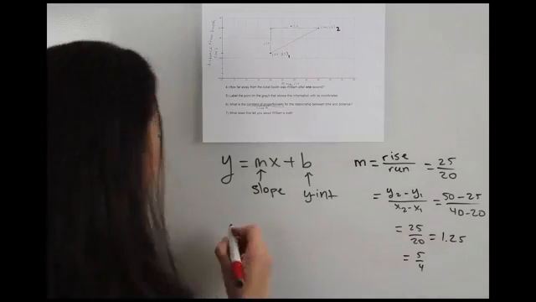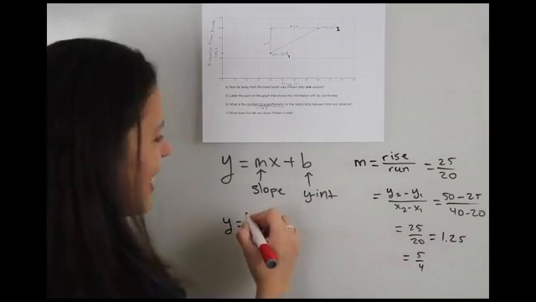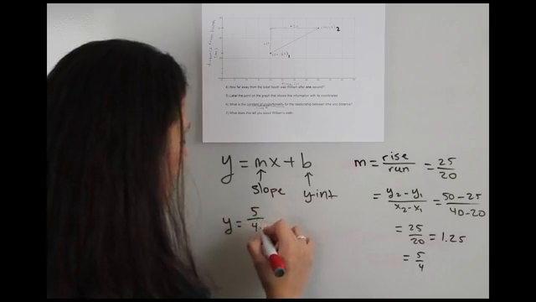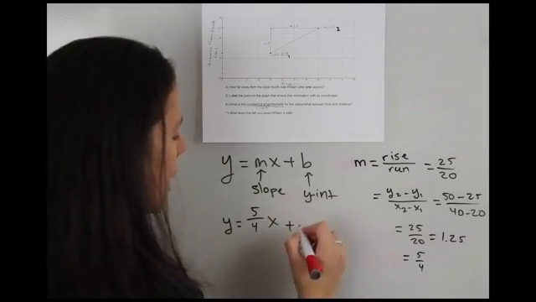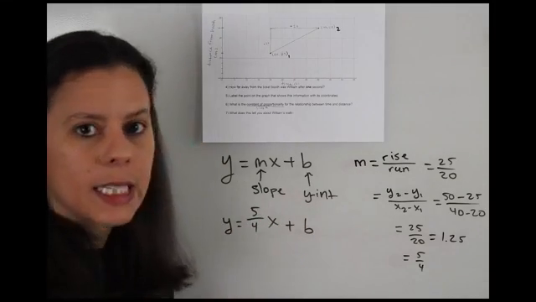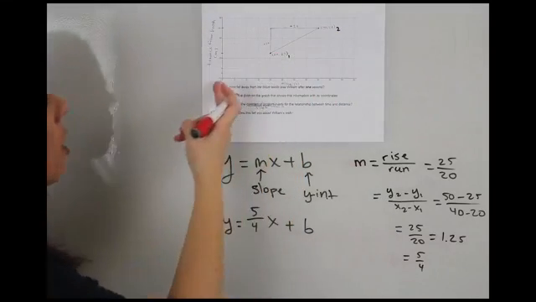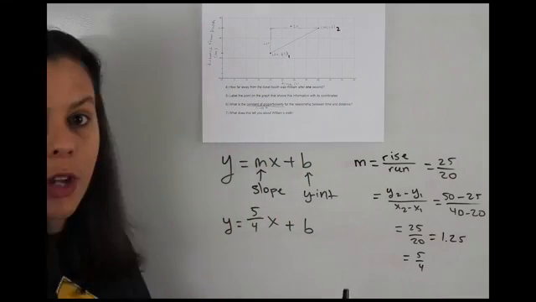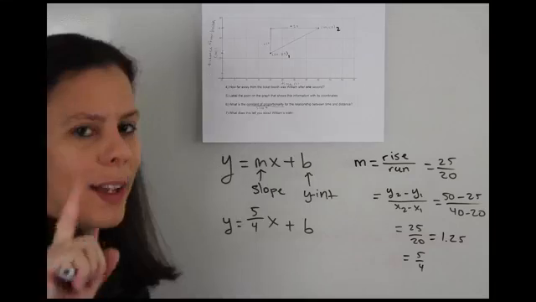It's fine. All right, so y is going to be equal to 5 over 4x plus b. But we have no idea what b is, because this line doesn't even go all the way to the y-intercept, so we don't know. But we can find out.